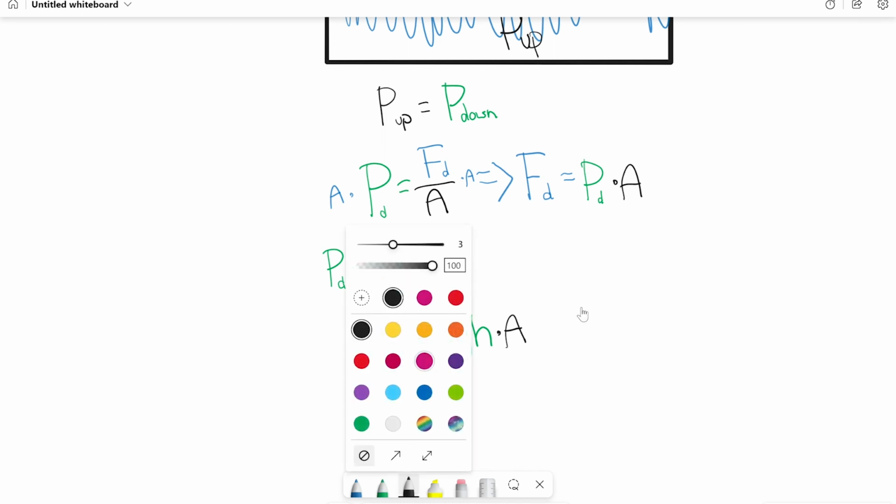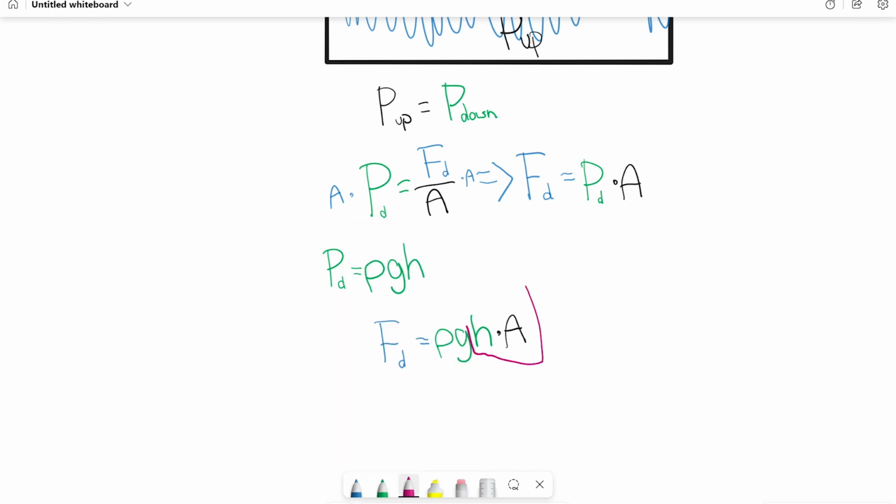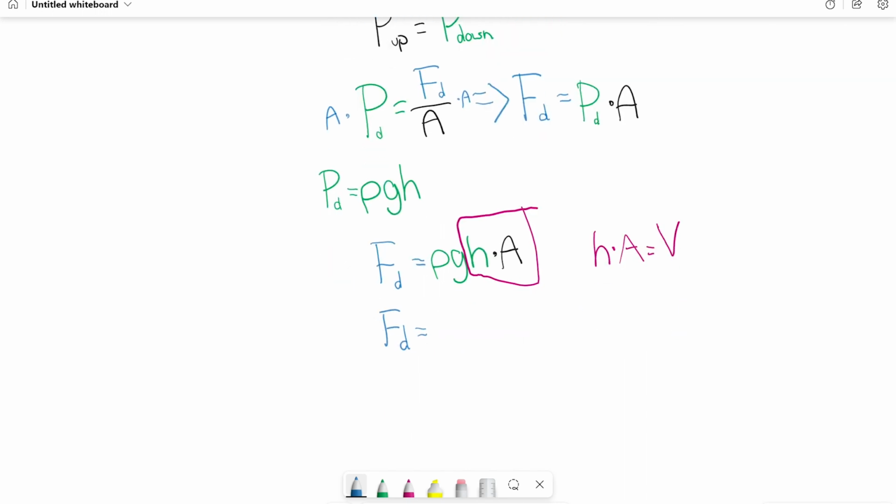Now, we also know that height times an area is equal to a volume. And so instead of saying rho g h times A for the force downward, we could also say the downward force is equal to rho g, which didn't go anywhere, but now instead of saying h A, we can say V. And again, because we know that this object is suspended, the force going down is going to be the same as the force going up.